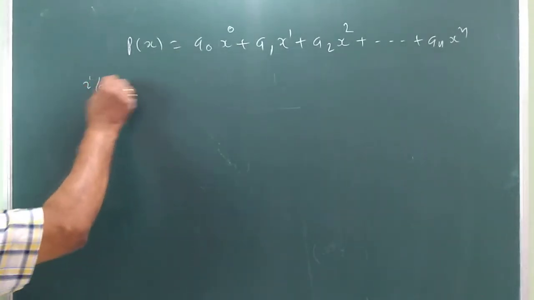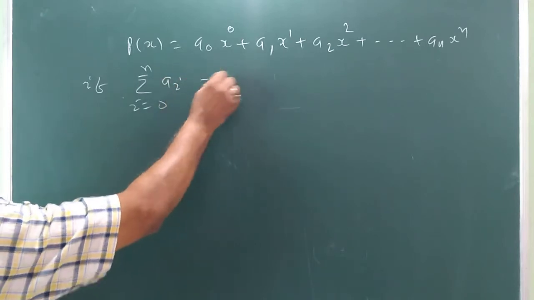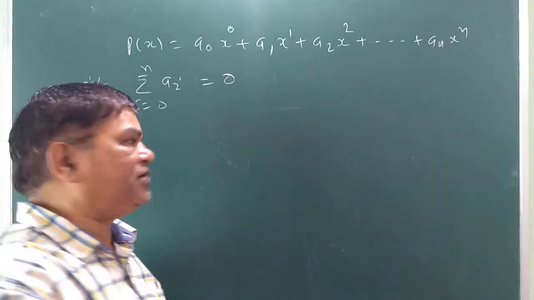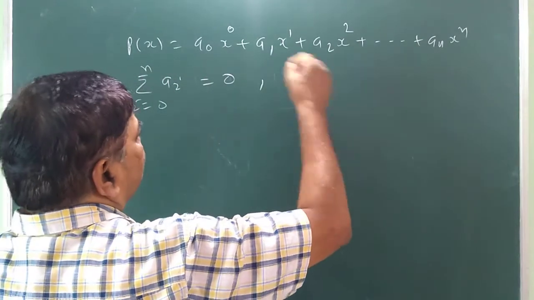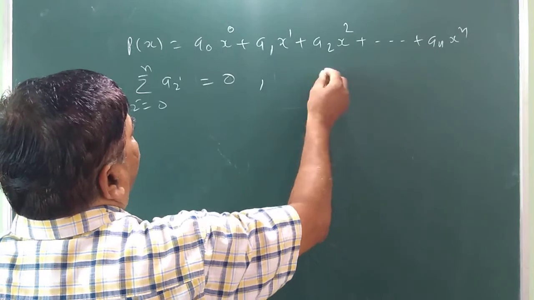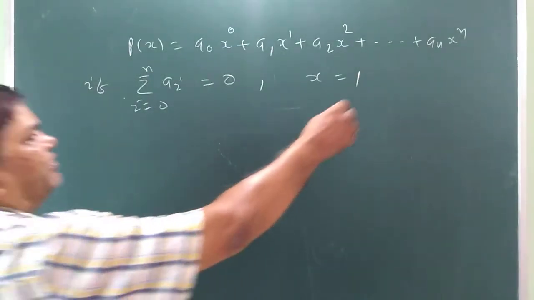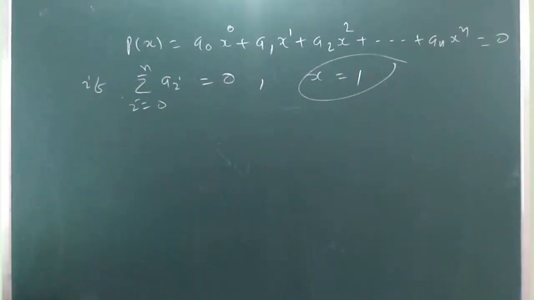So if the summation of ai for i from 0 to n becomes 0, that is, the sum of the coefficients including the constant term, then the root or the zero of the polynomial is always 1. If this is an equation, then this is the root, only one root in this case.